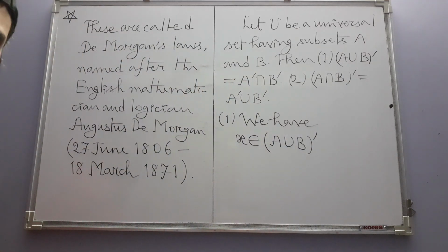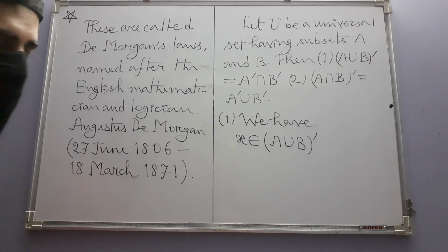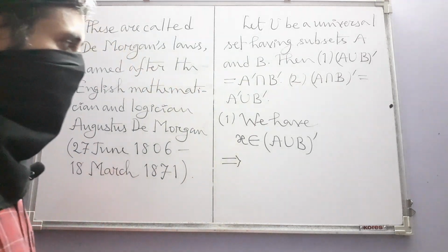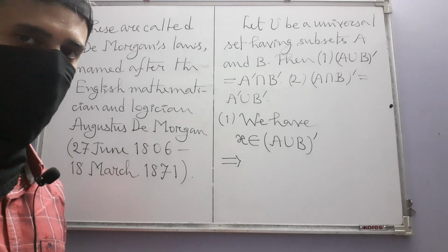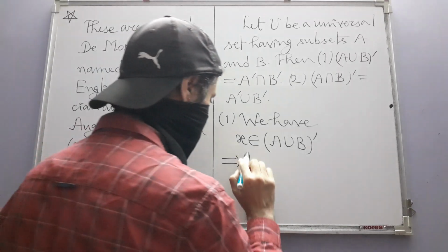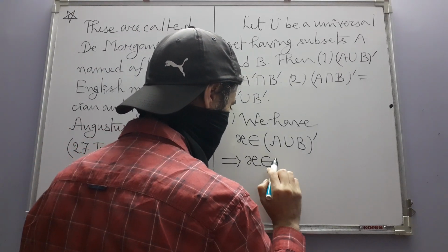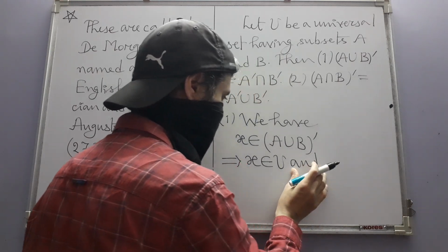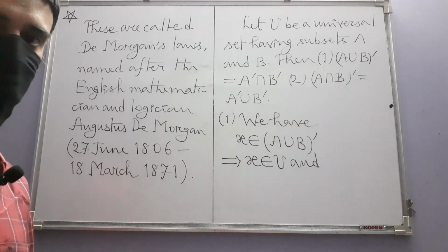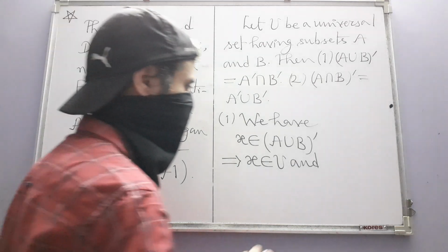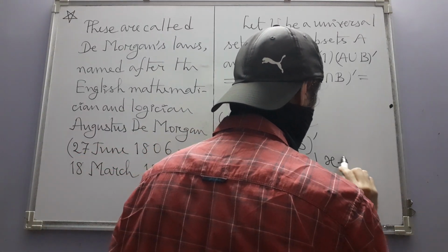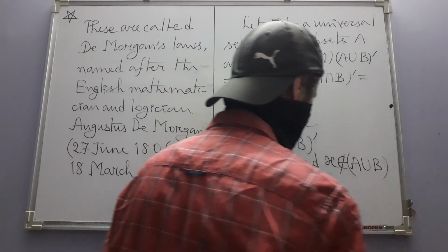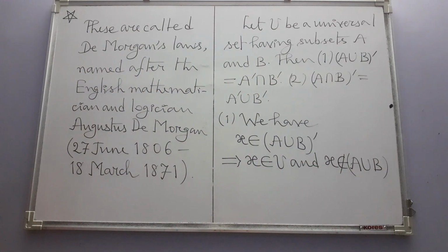This means X is any element in A union B complement. This implies, now what is the meaning of this statement? By the definition of complements, this means that X belongs to U and, do not mess this logical connectives up, okay, this is and, X does not belong to A union B, okay.